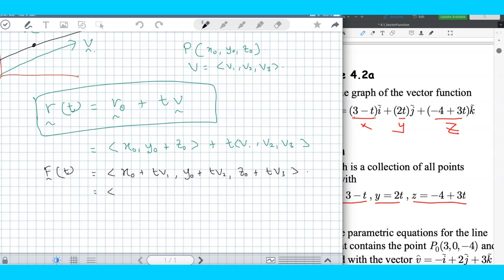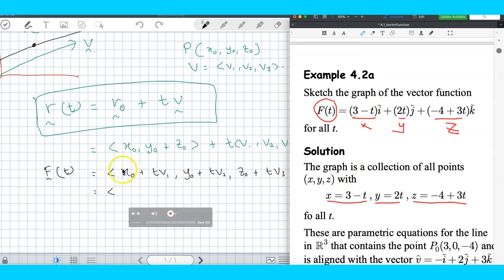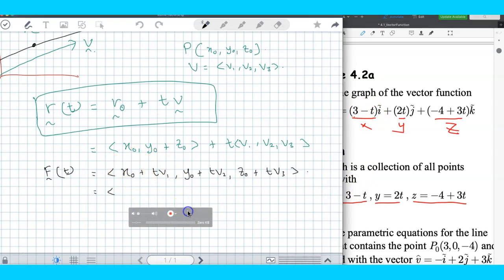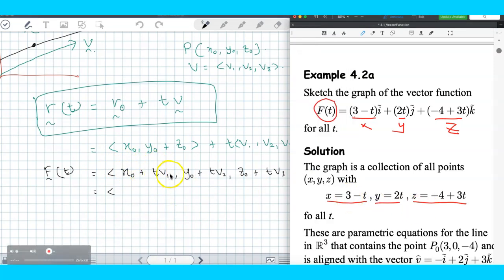Now we rewrite the parametric equation, because this is a parametric equation for a straight line. You can see here this is multiplied by t. So we have 3 minus t, and y is 2t, meaning 0 plus 2t, and then we have minus 4 plus 3t.